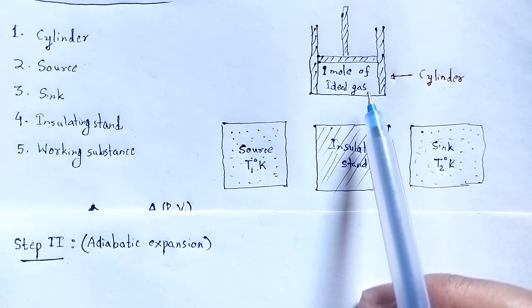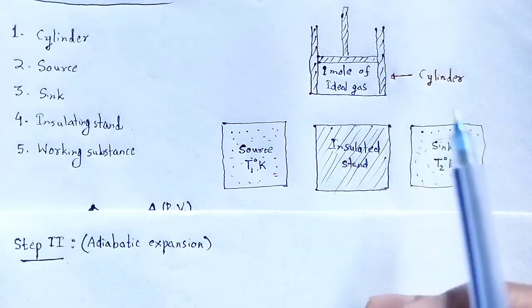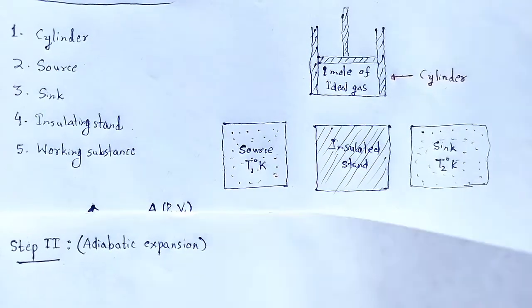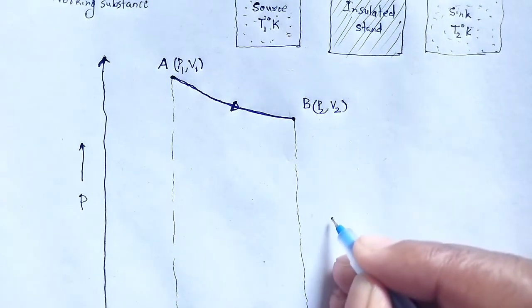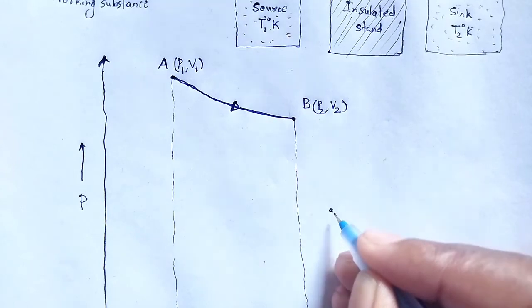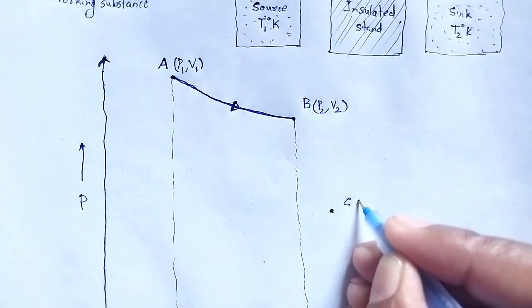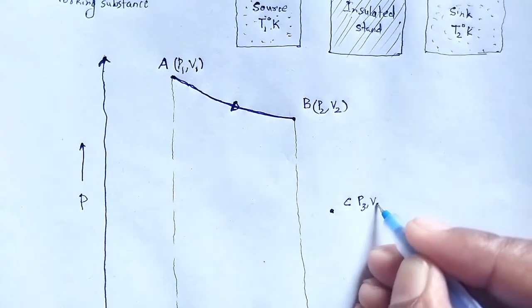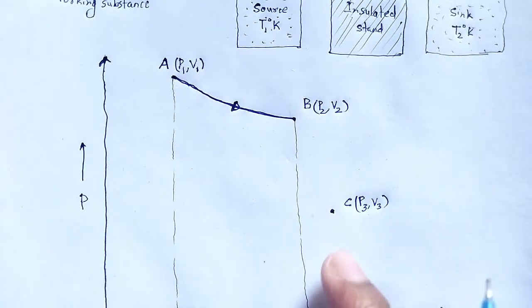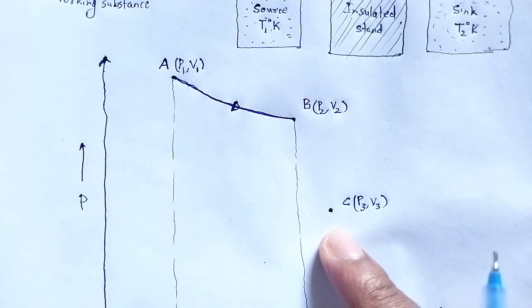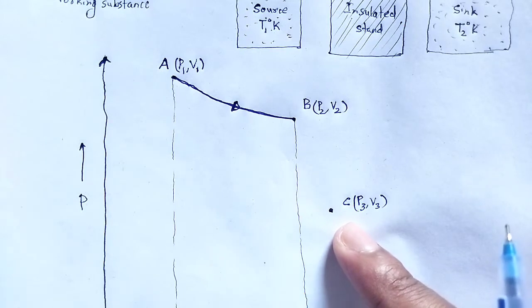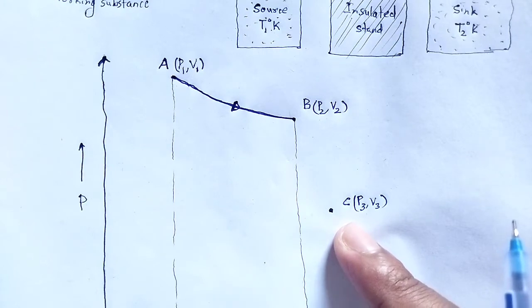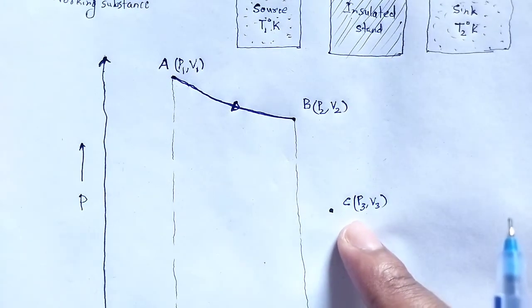Now allow the gas to expand till it reaches the point C at P3 V3, and its temperature gradually decreases and becomes T2 degree Kelvin. This process is an adiabatic expansion.